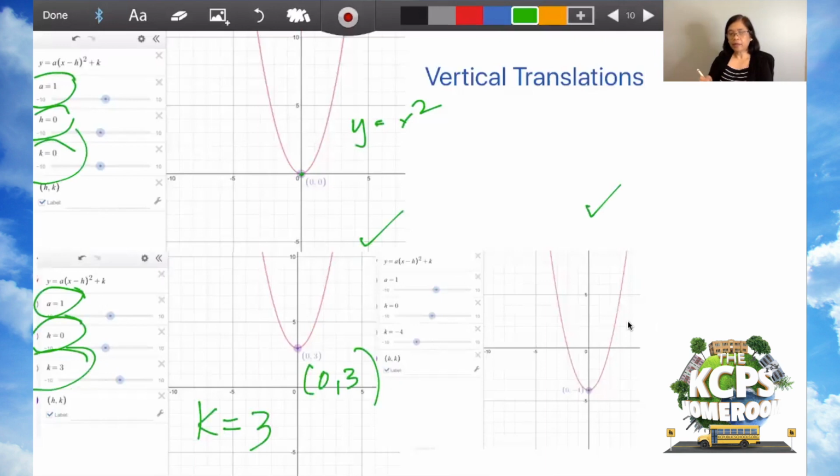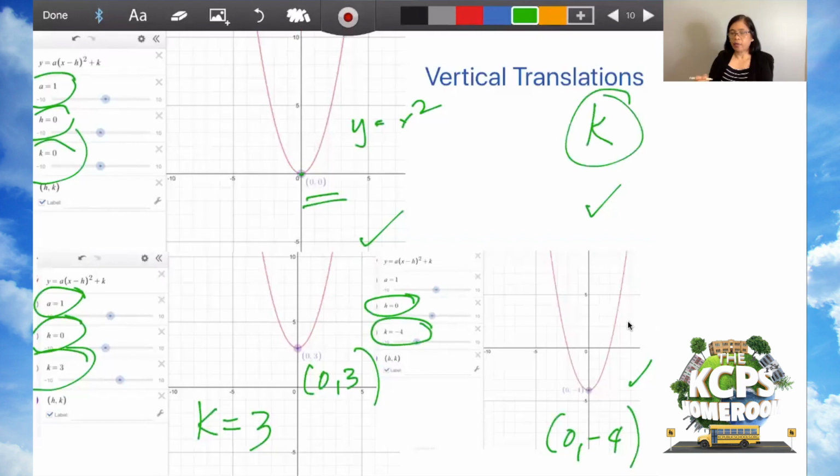On the last graph here, your h is still 0, but your k is -4. Compare: this is at 0, 0, and now this is at the point 0, -4. So it's actually the value of k which affects the transformation. Also notice the change in the coordinates of the vertex: 0, 0 to 0, 3, and 0, -4.